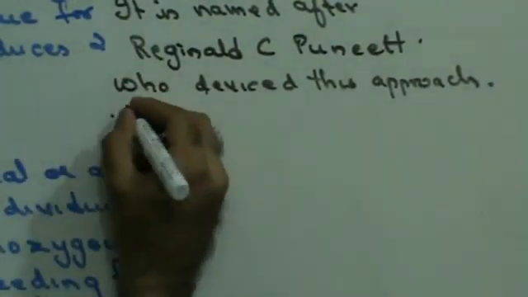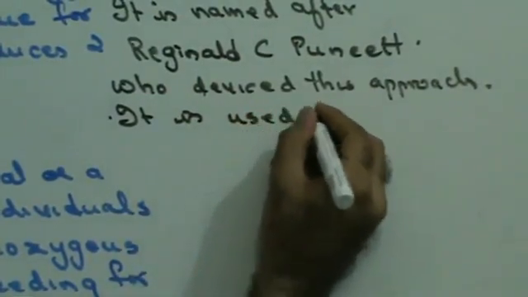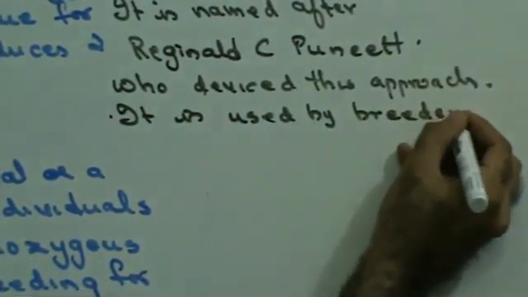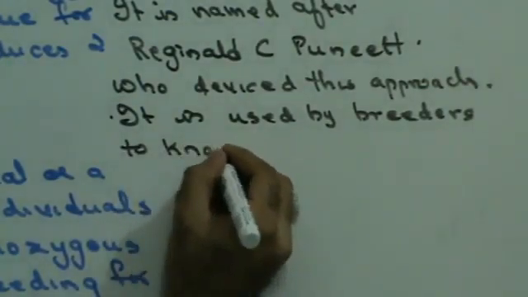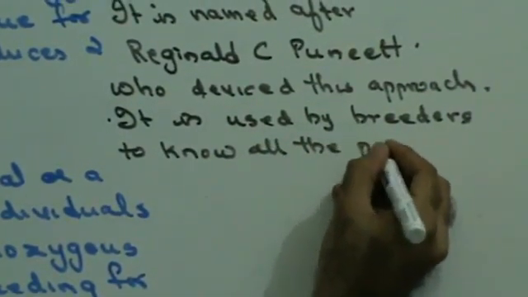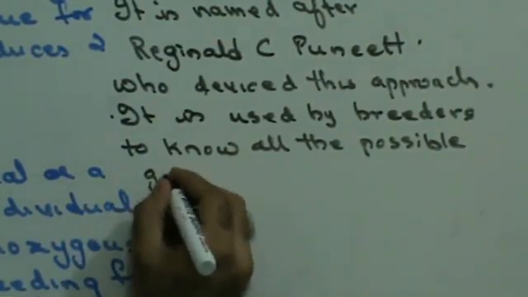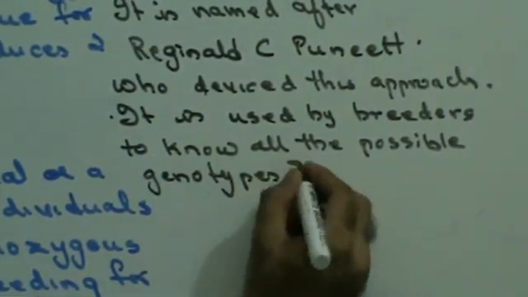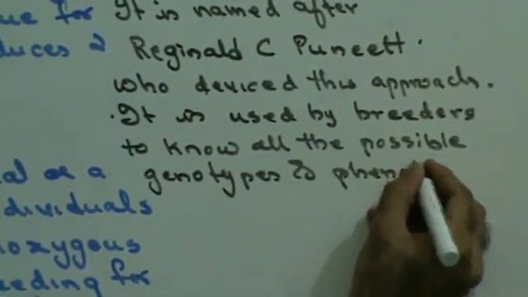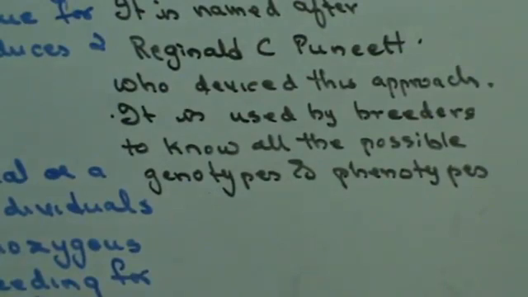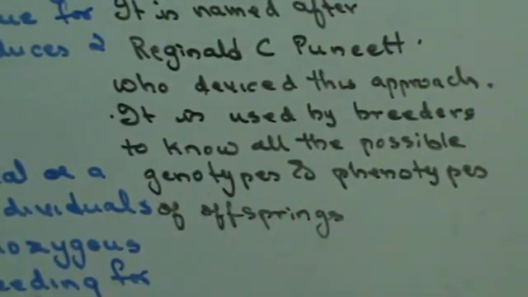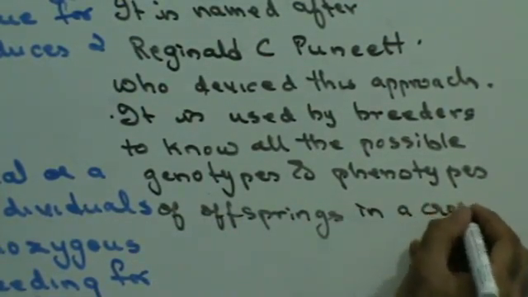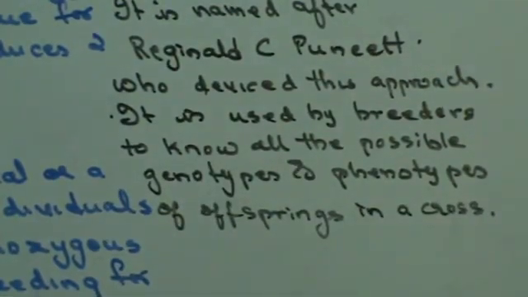It is used by breeders to know all the possible genotypes and phenotypes of offspring in a cross. So do we understand this?